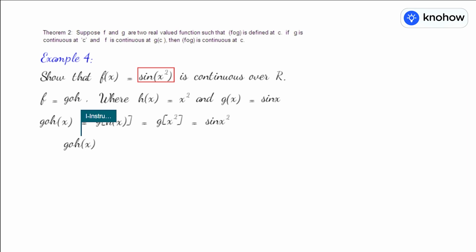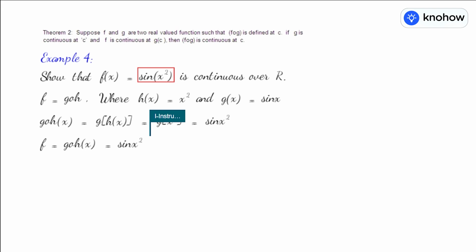Why? Again I repeat, h is continuous being a polynomial function, g is continuous being a sine function. So f equal to goh of x, that is sine of x square, is continuous. So merely logically we can prove such kinds of difficult functions as continuous functions.